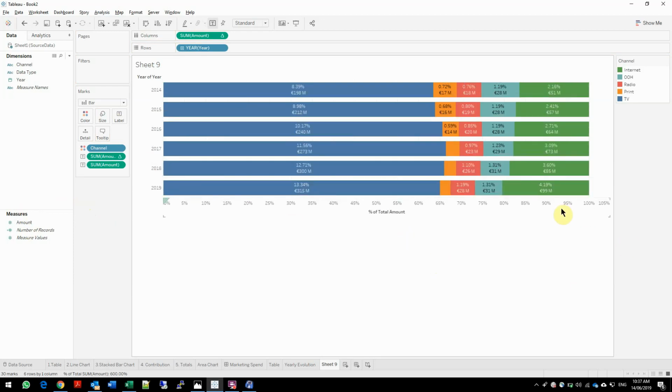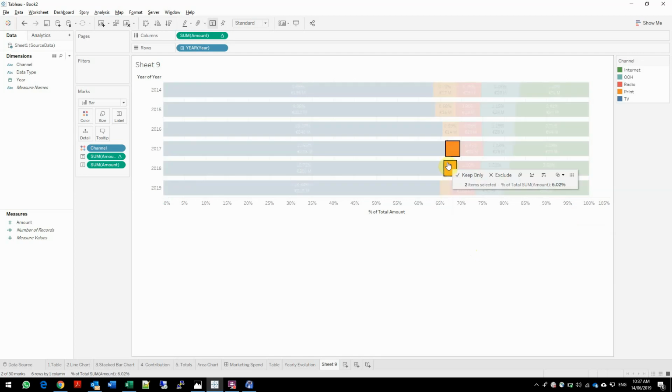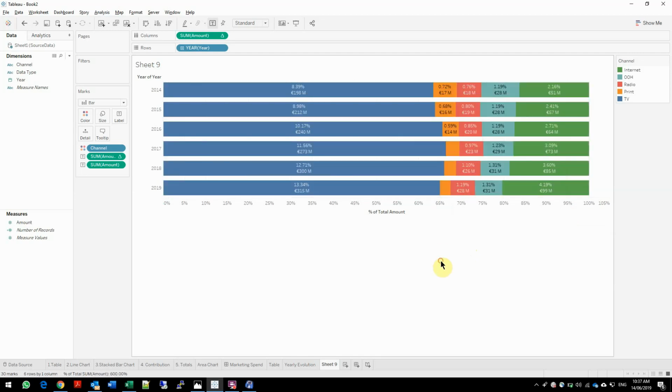And now it is obvious that internet is not only growing in the absolute amounts, like from 95 million to 99 million, but it's also rising in the proportion of the contribution that it's making to the overall spend. And again, it's obvious that the printouts are less and less valued in this market.